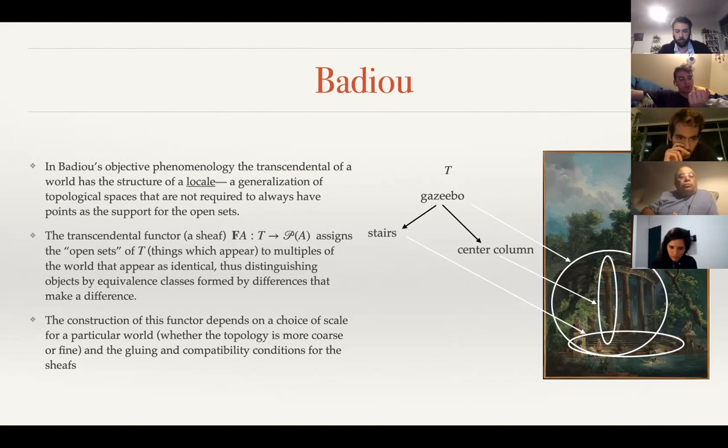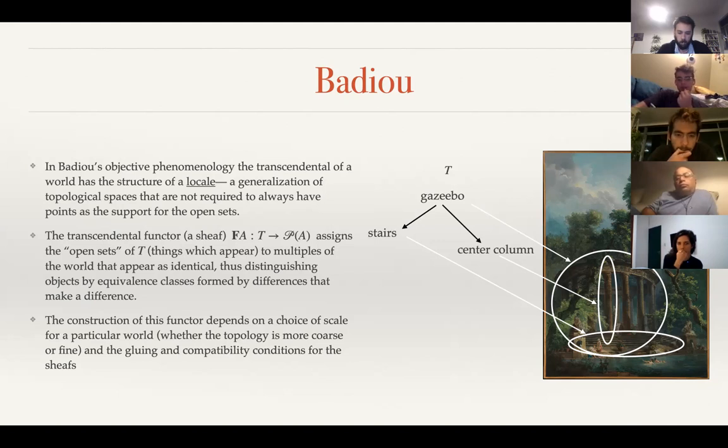So this transcendental functor, which is really a sheaf, as we described before, is going to assign these open sets of T. The open sets of T are regions of minimal difference.